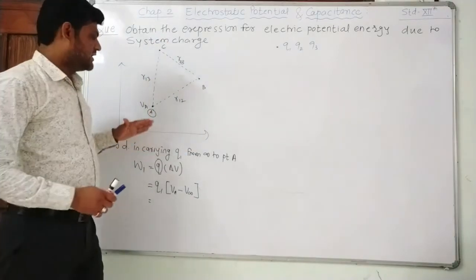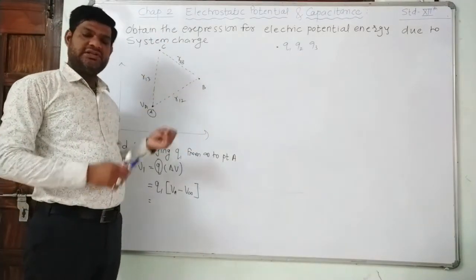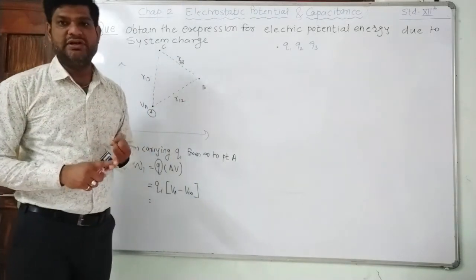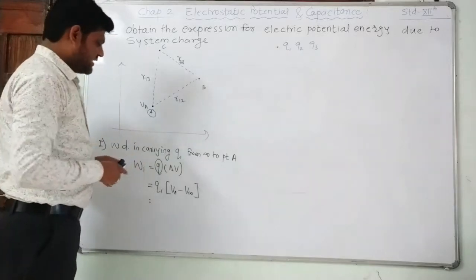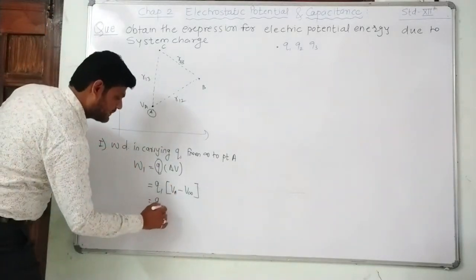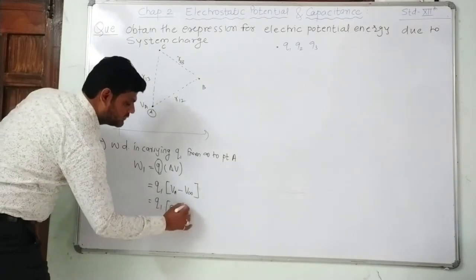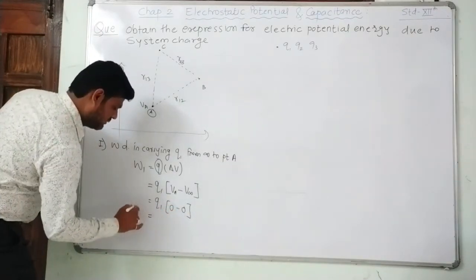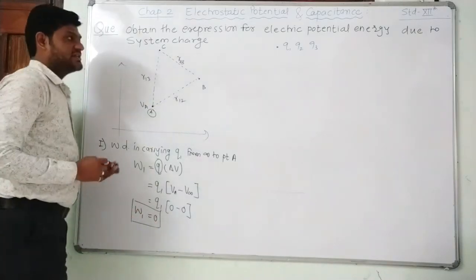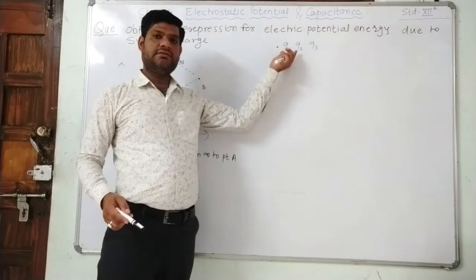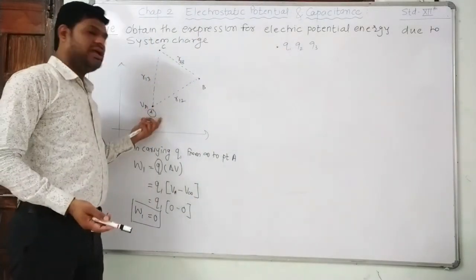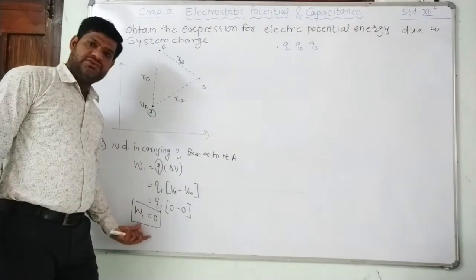That's why at points A, B, C the electric field is 0 and the potential is 0. So potential of A equal to 0, 0 minus 0 becomes again 0. So W1 equal to 0. So W1 is the work done in carrying the charge Q1 from infinity to the A point, and that work done is 0.